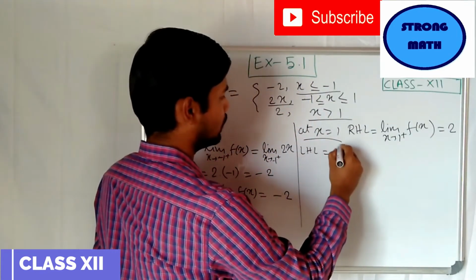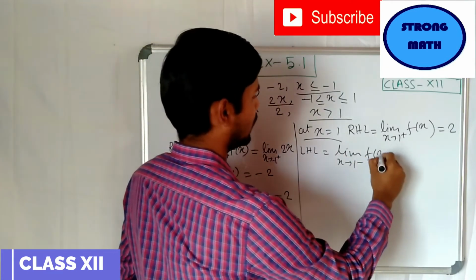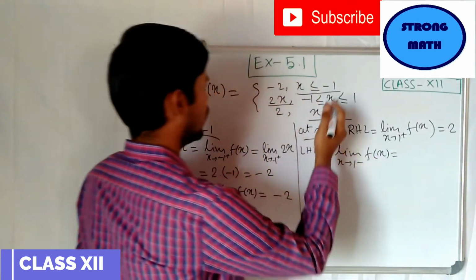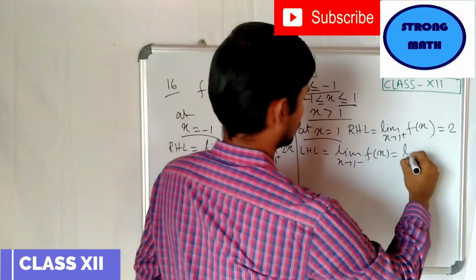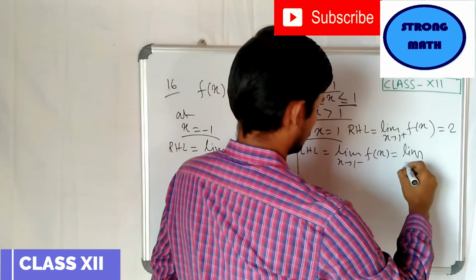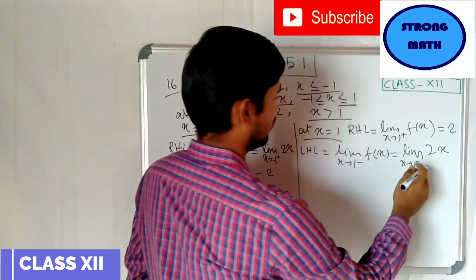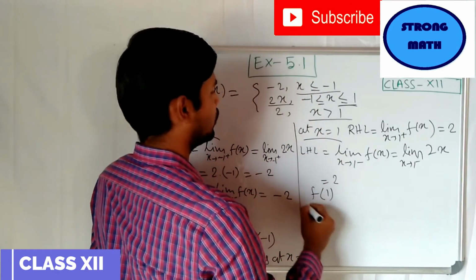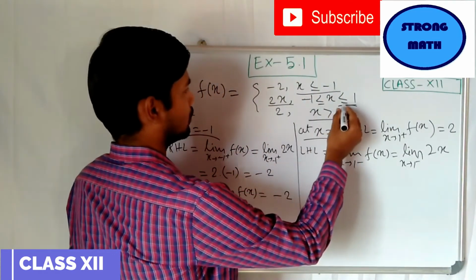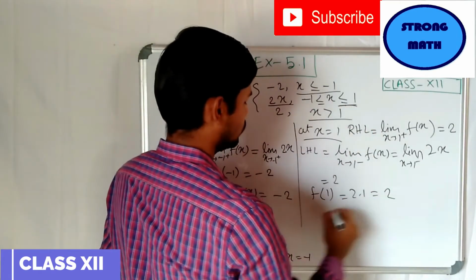The left hand limit will be limit x tends to 1 minus f of x, left hand side of 1 is 2x. So limit x tends to 1 minus 2x, putting the value 1 we get 2. Now the functional value at the point 1, 2x, so 2 into 1 equals 2.